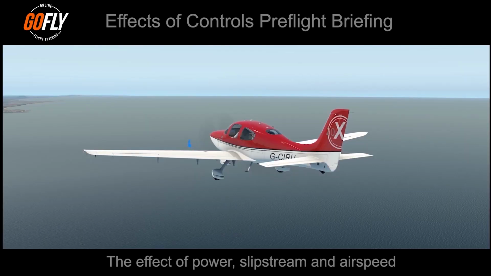This airflow, due to the rotation of the propeller, starts to rotate around the aircraft fuselage. In most light training aircraft, the propeller moves clockwise from the pilot's point of view. This airflow results in more force on the rudder area, usually on the left-hand side. This causes the aircraft to yaw left.